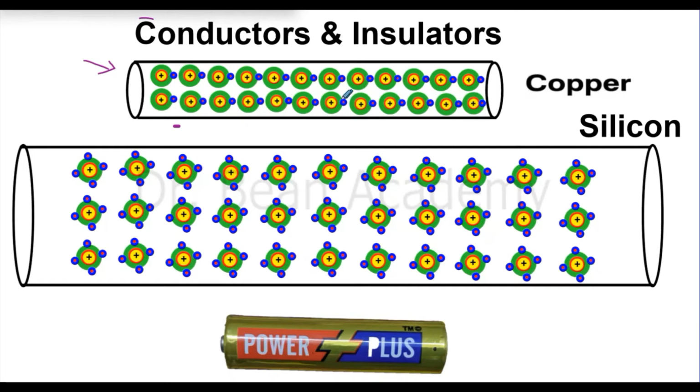So it was like electrons are moving everywhere, because this atom was sharing its electron with all the other atoms, and same was the case with every atom in that material.